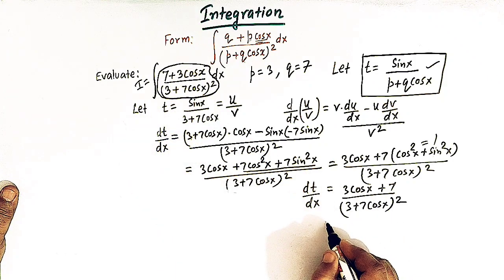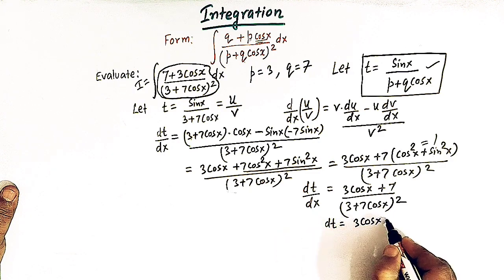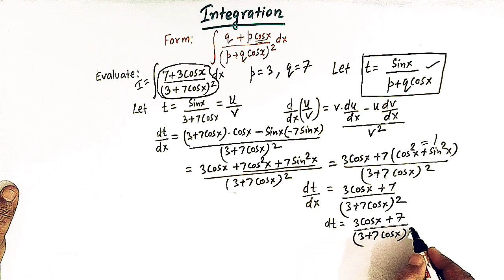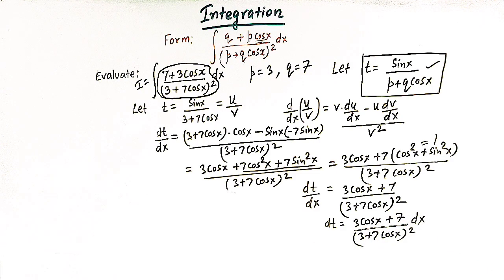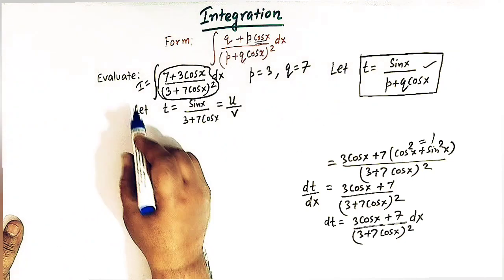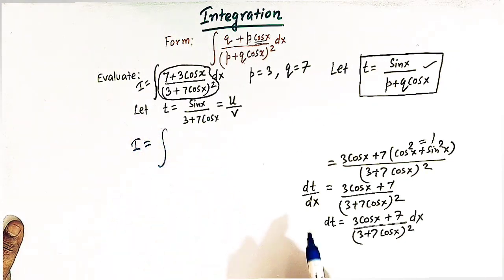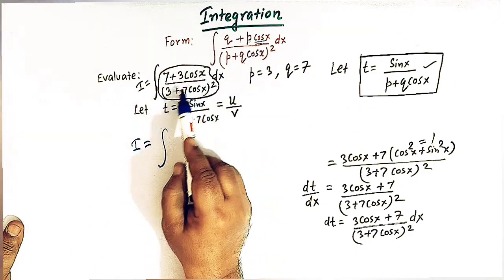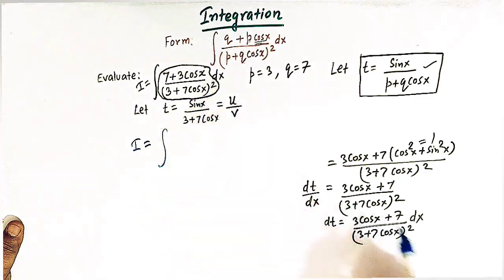So now we can write dt is equal to (3 cos x plus 7) divided by (3 plus 7 cos x) whole square, and here we have dx. So now our integral takes the form of this entire expression, that is (7 plus 3 cos x) divided by (3 plus 7 cos x) whole square dx.